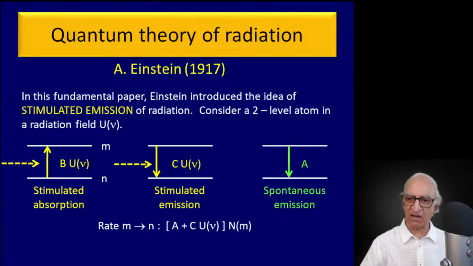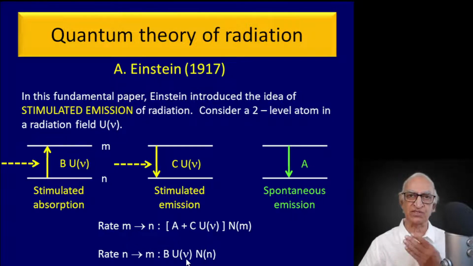Now, you can also have a transition from the lower level N to the upper level. And that, Einstein said, is governed by a coefficient B. The rate, the number of transitions per unit time, will be given by B multiplied by U of nu, which is the incident radiation field at a particular frequency nu, which is the energy level difference divided by Planck's constant.